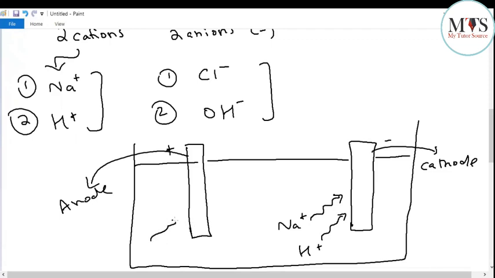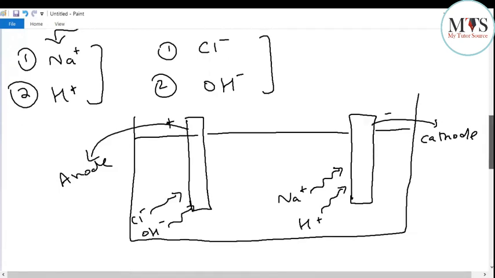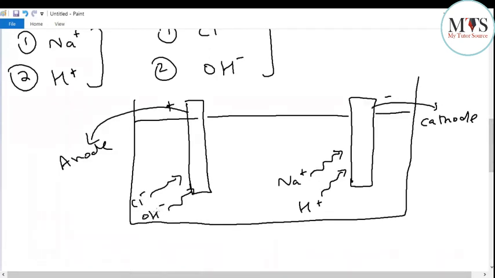Absolutely right. Now the question is, let's first talk about these anions. Chloride is going to be oxidized on this anode and form chlorine gas, or the hydroxide ion is going to be preferred and it will form oxygen at the anode.